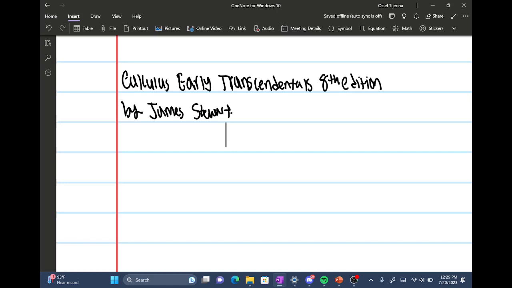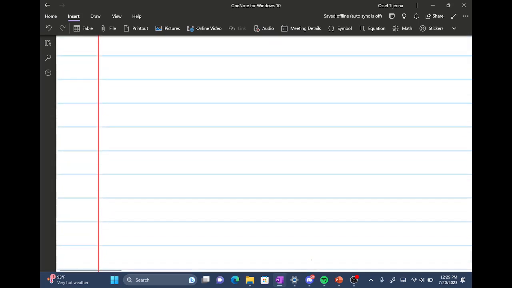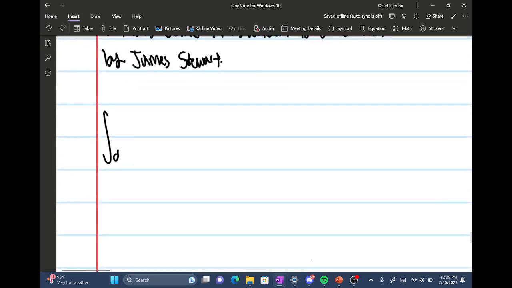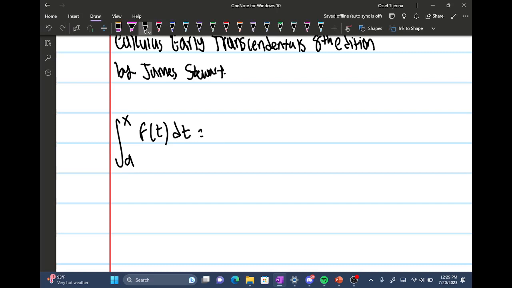I think it goes, when we have the integral from a to x of f of t dt, this is equal to, and I'm going to highlight this part, f of x. Something like this, right?